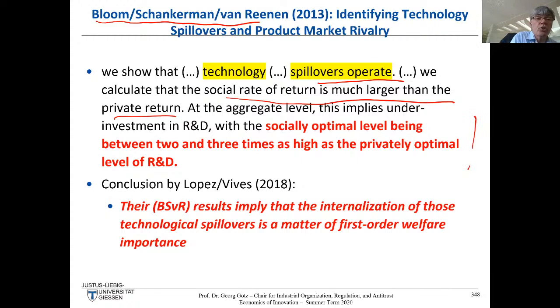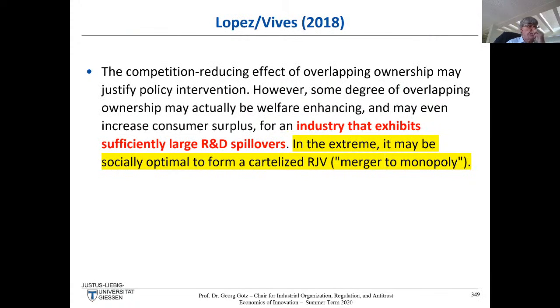And the conclusion, in a very recent paper by Lopez and Xavier Vives published in the Journal of Political Economy, is that these results imply that the internalization of these technological spillovers is a matter of first order welfare importance. So this is really important, and this might really justify, even in a sense, a merger which might lead to increased prices. They look into what is called overlapping ownership, which is not really a merger, but a similar thing, because if you have a joint owner, you might also have an incentive to reduce competition between the firms.